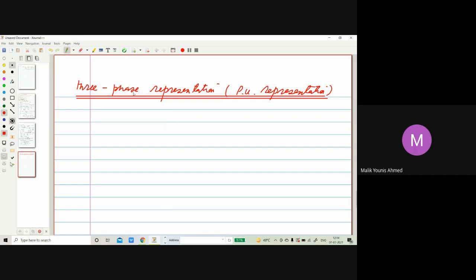We have two types of connections that we know in a three-phase system. We have star and delta.